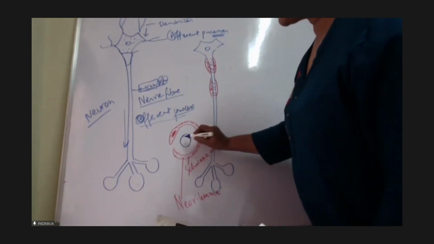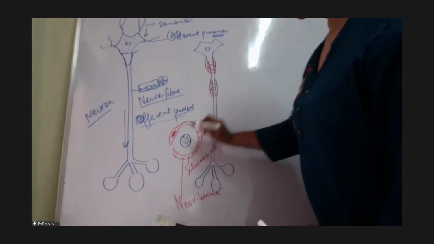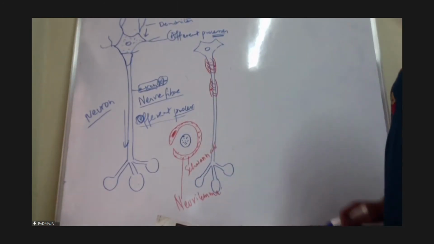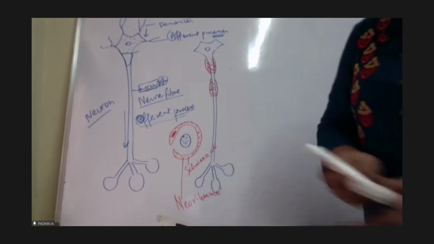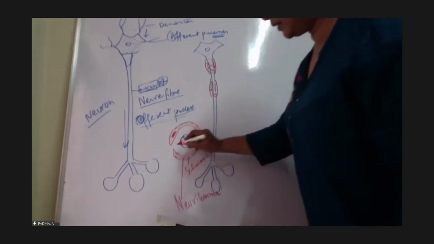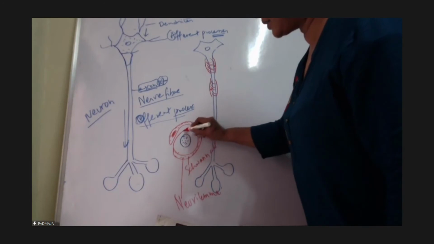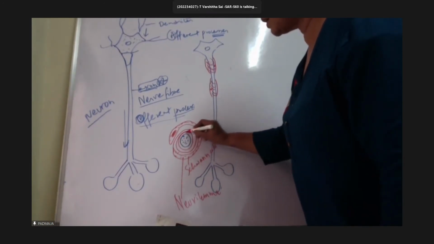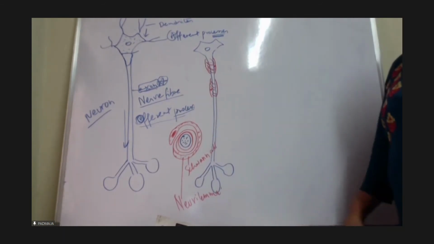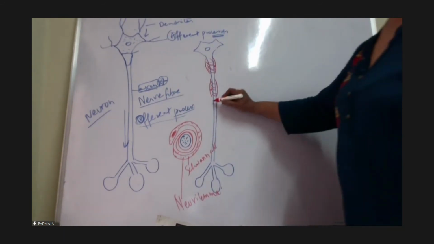Then the axolemma, axon, and axoplasm. This Schwann cell itself secretes the myelin sheath wrapping around the axon like a carpet. It is a myelinated neuron.